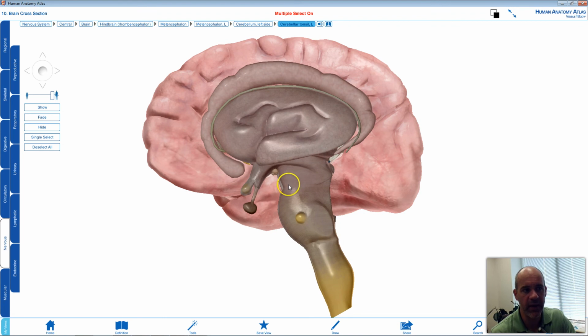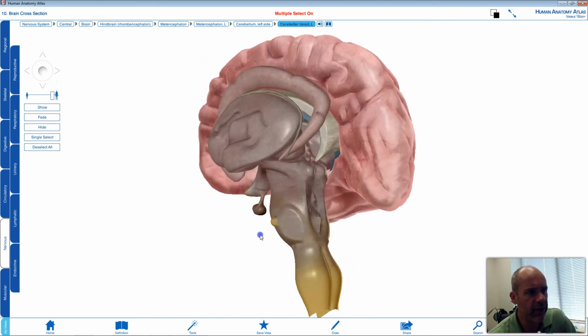So that's the pons, and the parts of the brainstem above the pons are the midbrain, or the mesencephalon. And if you go beneath there, you're in the medulla oblongata. The brainstem, of course, is connecting the cerebrum up in here to the spinal cord that's down lower.